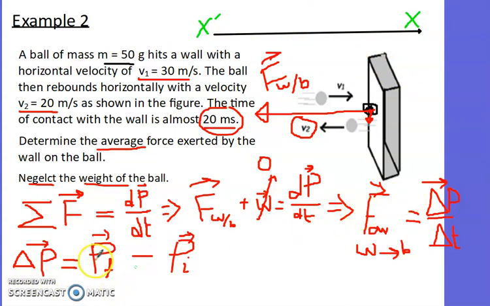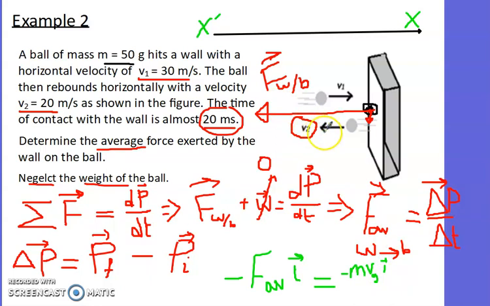Now, let's replace in this equation. Here, minus F average, right? This is a unit vector i. Why minus? Because this force is opposite to the positive sense of x prime x, equal delta p. Delta p is p final minus p initial, means minus m v final, or v2, i. Why minus?